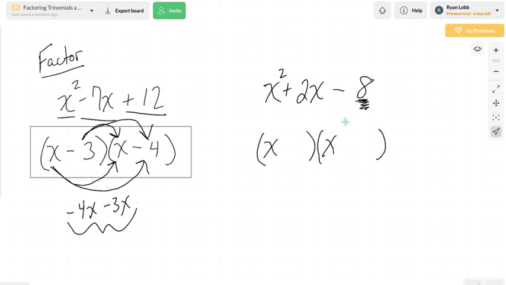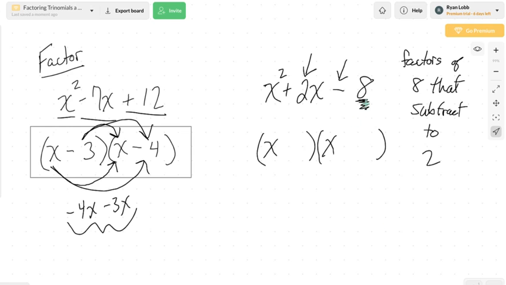But now we say that subtract to 2. So in this one, we're saying factors of 8 that subtract to 2. You just read right to left, say factors of 8. What do you multiply to get 8, and subtract to get 2?